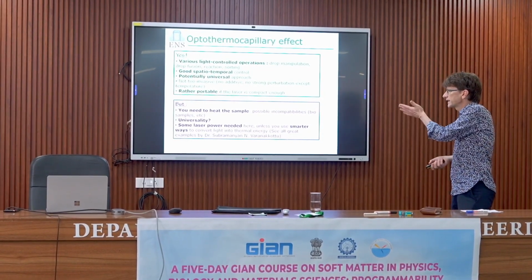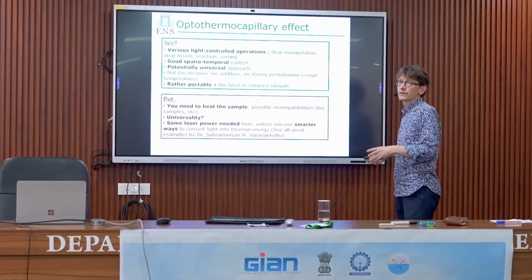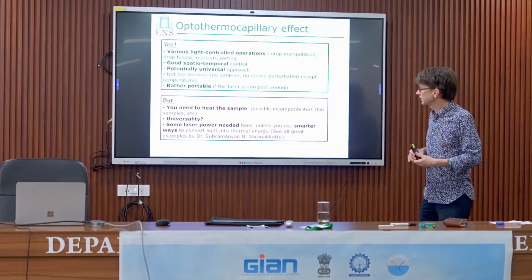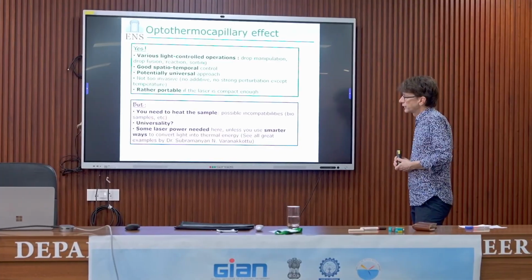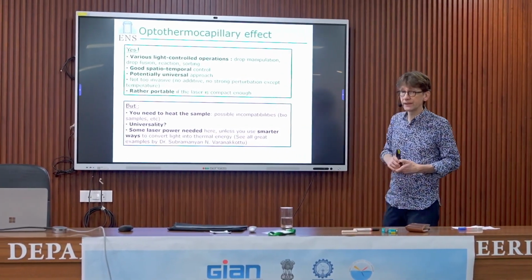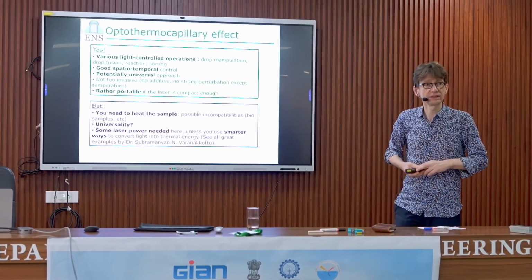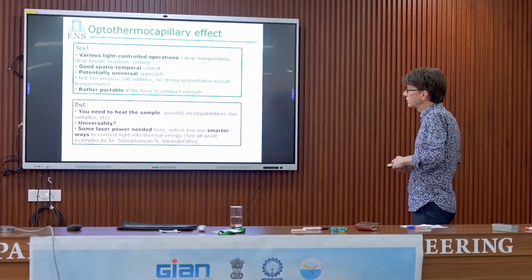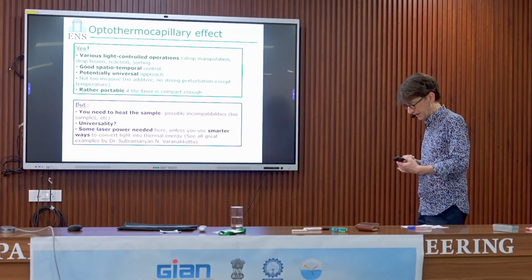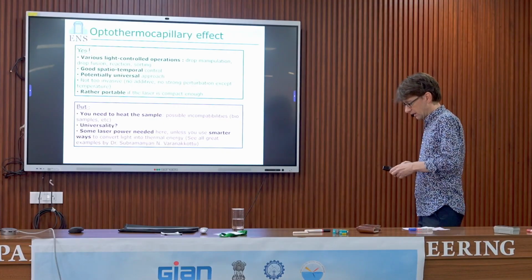And in this experiment, you need some laser power, unless you use this very smart way that they are doing in the lab of Subramanian Varnakotu, where if you use photonic effect, that's cool because then you don't need a lot of power to create temperature. And in this case, you can do very nice thermocapillary effect without spending so much energy in the system.